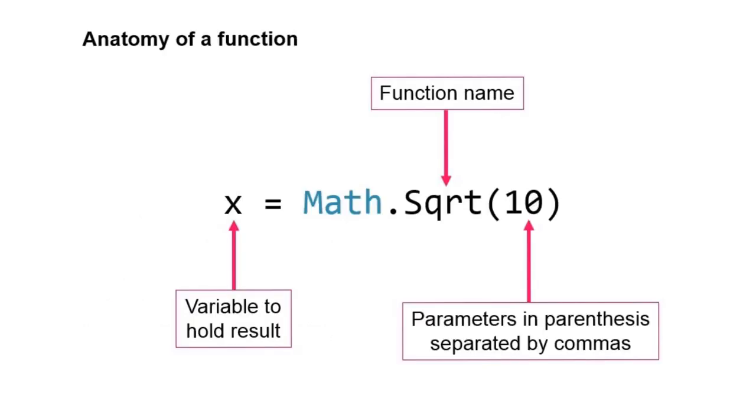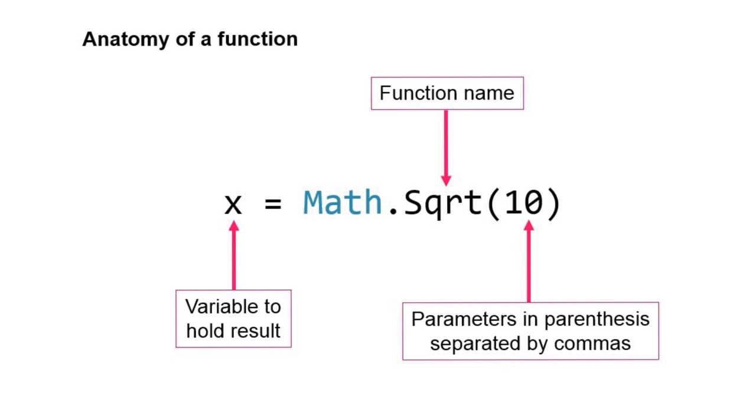So here I have a function called sqrt. It performs square root. It's part of the maths library. Here is the call to the function with the function name. Here is the parameter which I pass into the function. In this circumstance, the square root function takes one parameter, and that parameter is an integer.